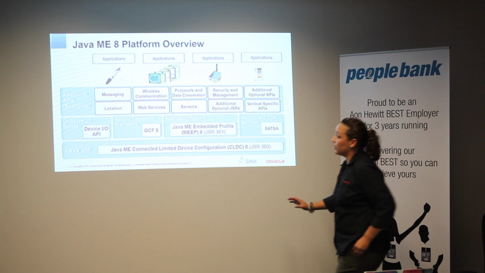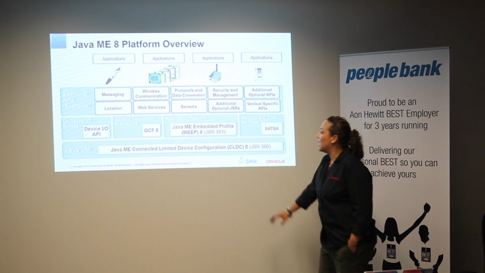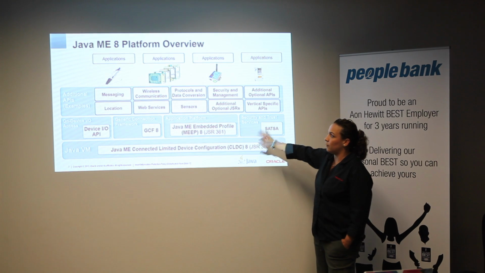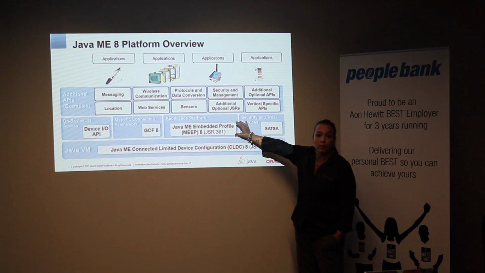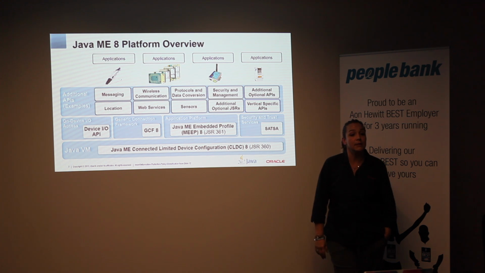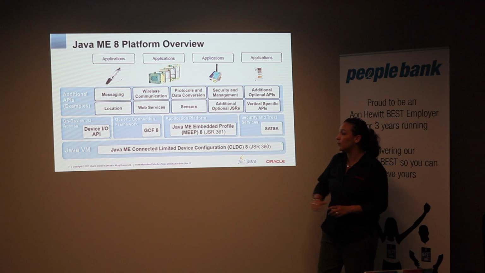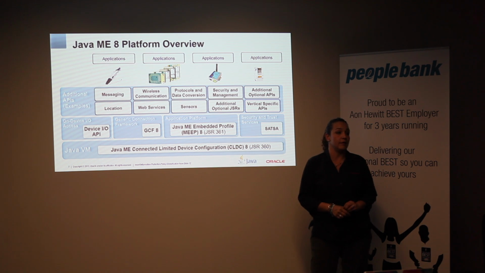This is where we're going to focus today, the Device I/O API. This is very familiar from the Java ME platform in the past. We have a configuration, and on top of that, we have a profile. The configuration that we're using is the Connected Limited Device Configuration. It's the basic platform that we need to run our application, and it does include the Java VM.